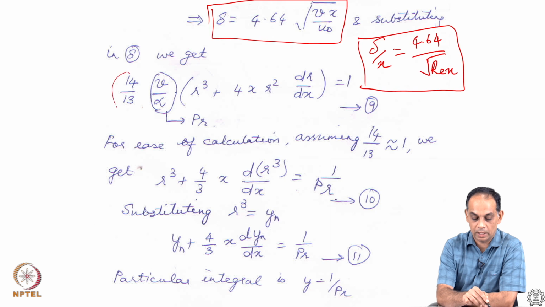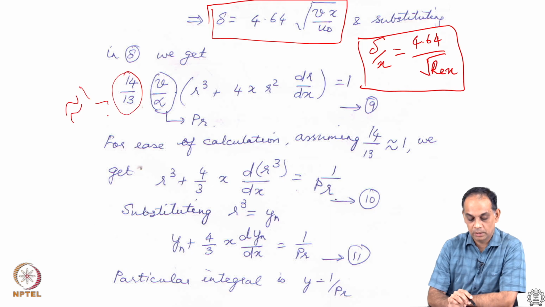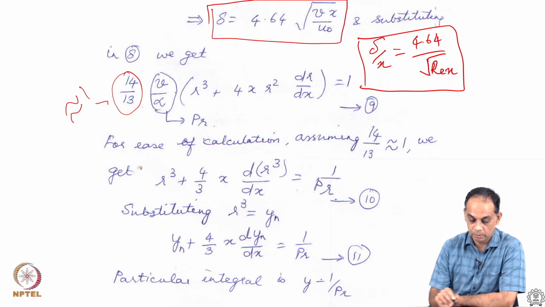If we just set this to 1, assuming that approximation is enough, in order to simplify the situation, and we substitute nu by alpha and ignore the property variation as a function of temperature, then we can achieve this equation, which is r cube equals 4 by 3 x into dr cube by dx.